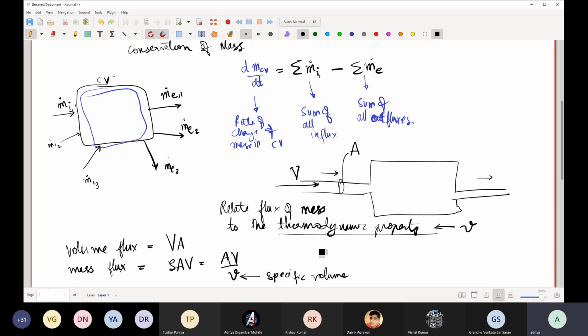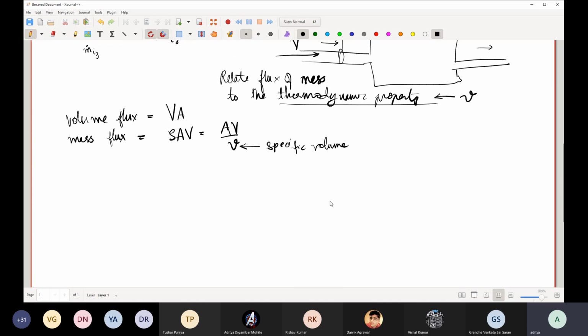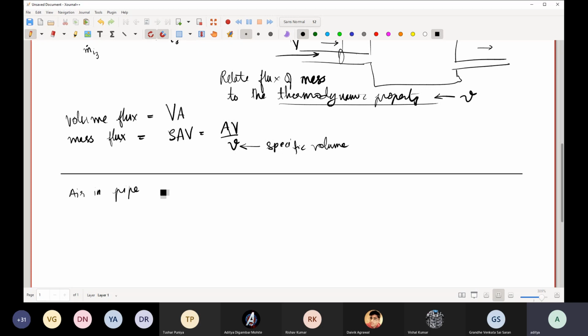Yes, sir. Alright, so a quick demonstration of this particular idea. Let's say you have air flowing in a pipe, and the average velocity is 0.1 meter per second.